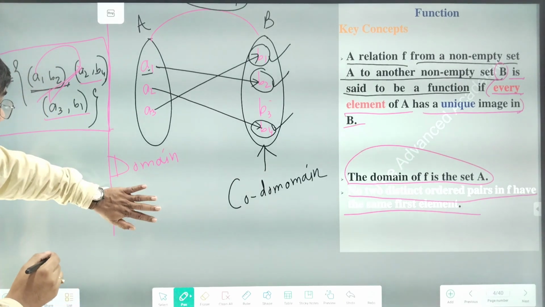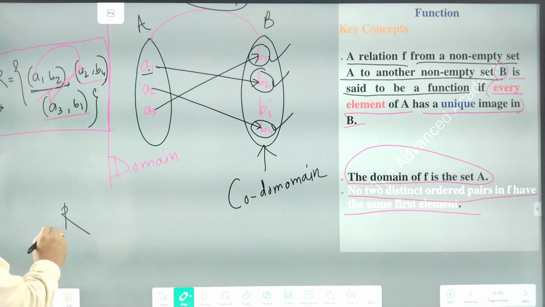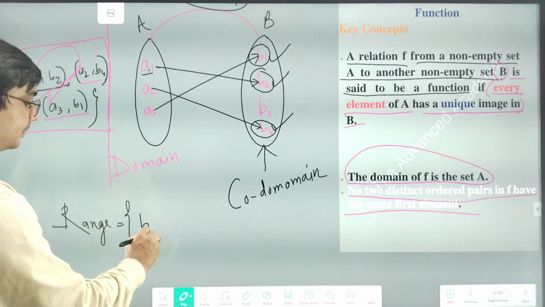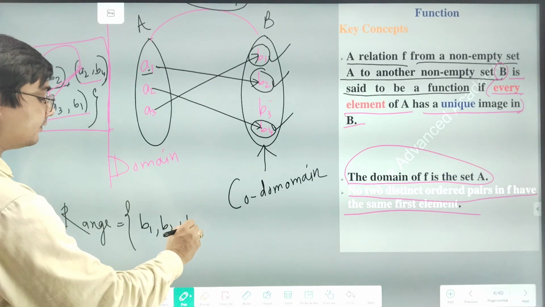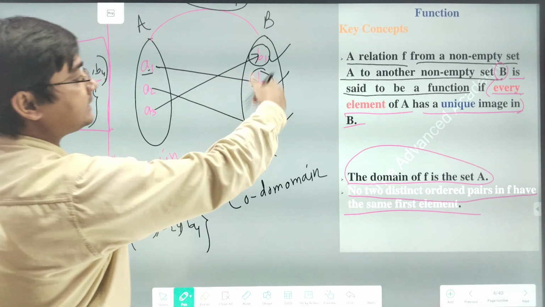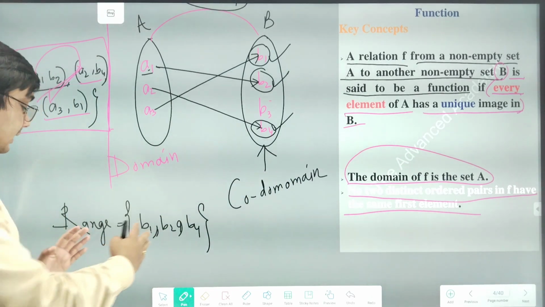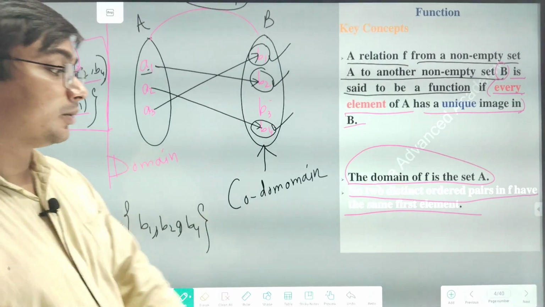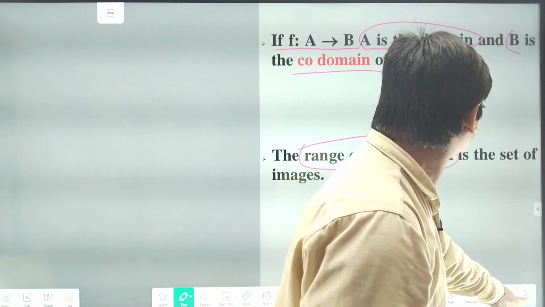So what will be the range of this function? The range will be b1, b2 and b4. Just collect all those images, then you will get a set, and that set is called the range or image set. Is it okay, guys? Okay.